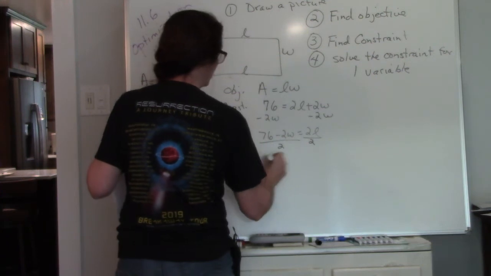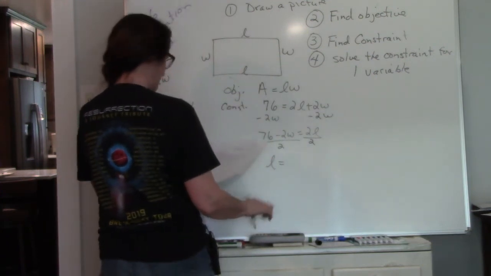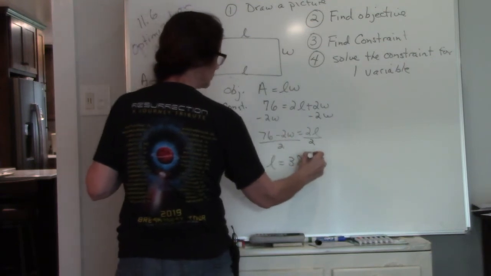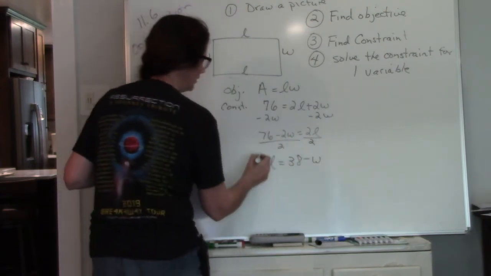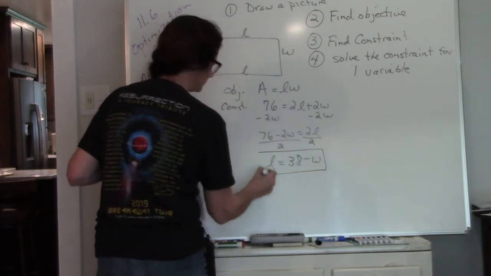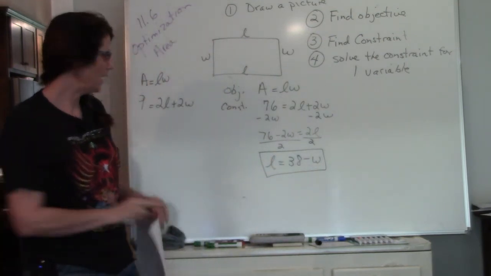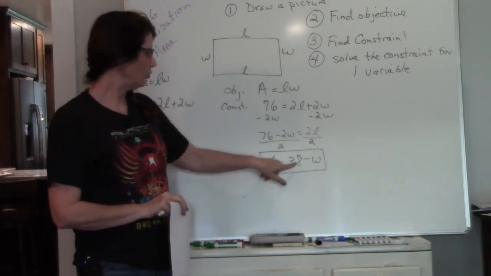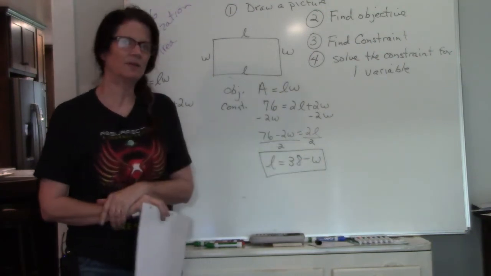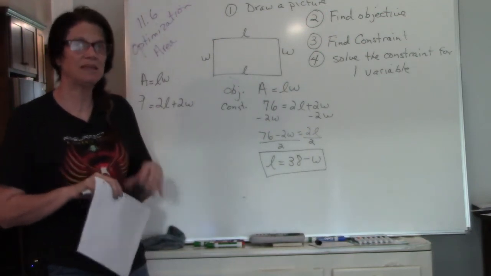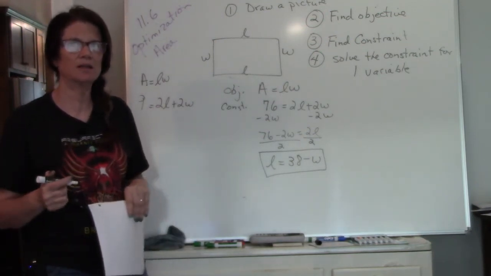So I get L. Half of 76 is 38. 2 divided by 2 is 1. So this, and I'm going to mark it, that is my constraint. My length can only be 38 minus whatever my width is. Okay, that's what's limiting me on how big my area can be.